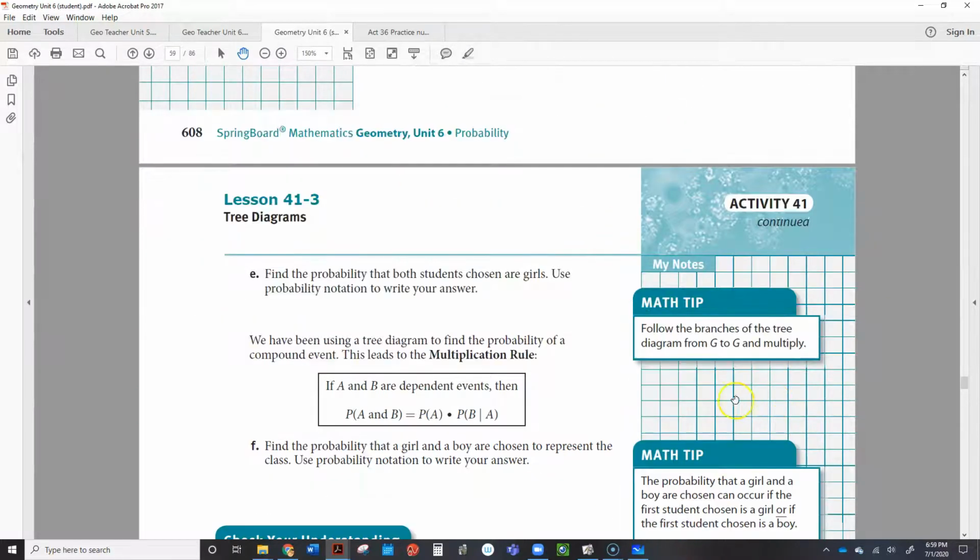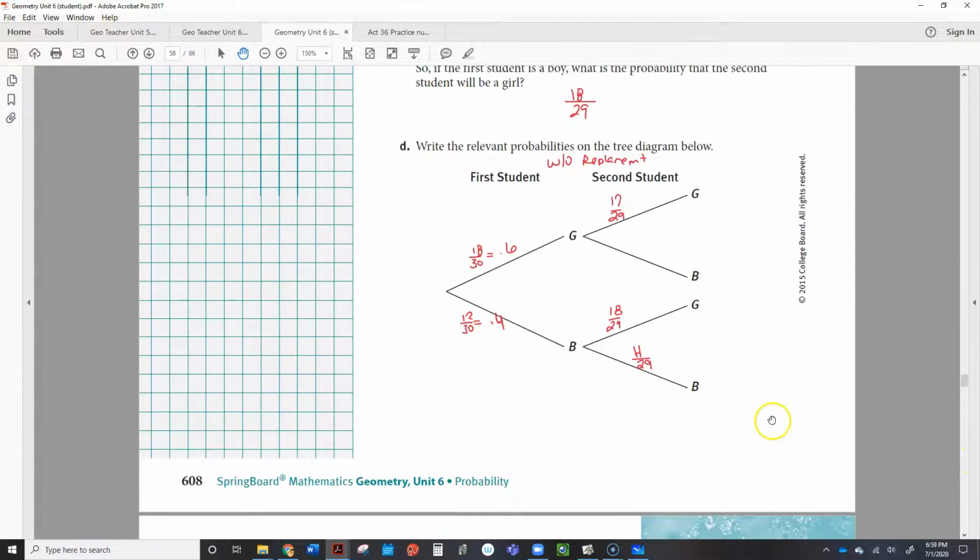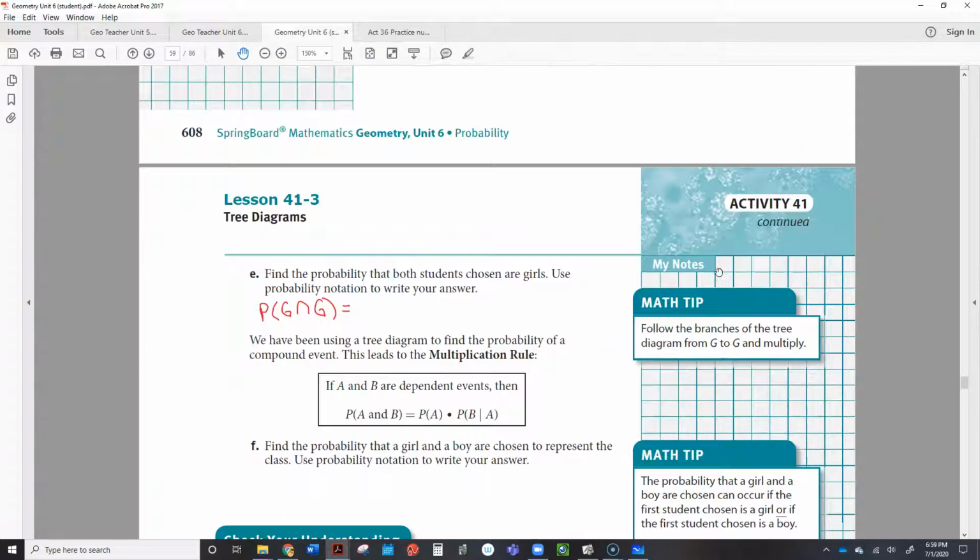So I'm going to go on now to part E, and part E says, find the probability that both students chosen are girls. So what they want us to find is the probability of drawing a girl's name and then drawing another girl's name, the probability of a girl and a girl. Just like we did a while ago, we got the probability of drawing a girl, 0.6, and then the second girl, 17 over 29, and we multiplied them together.